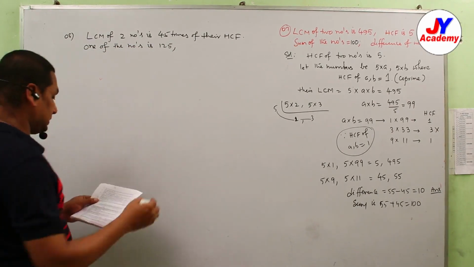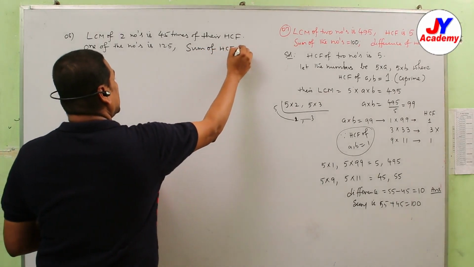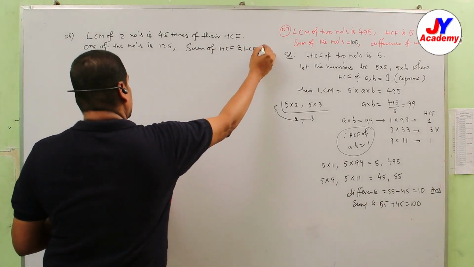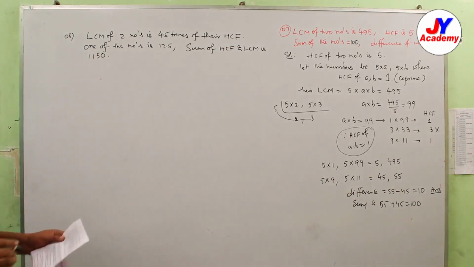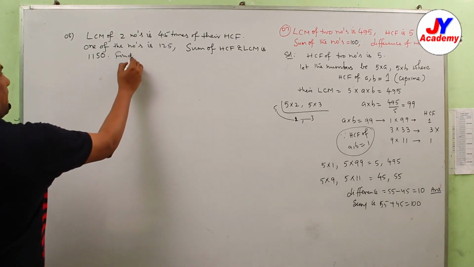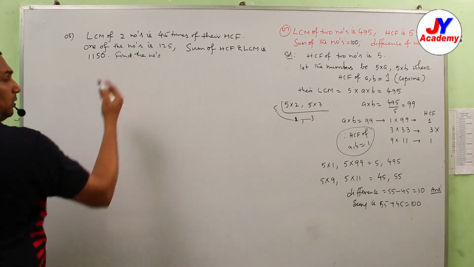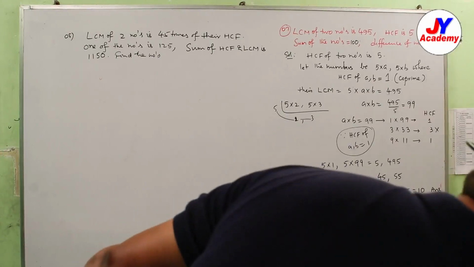The sum of HCF and LCM is 1150. Then find the numbers. That's the question. So how do we have to find the numbers?